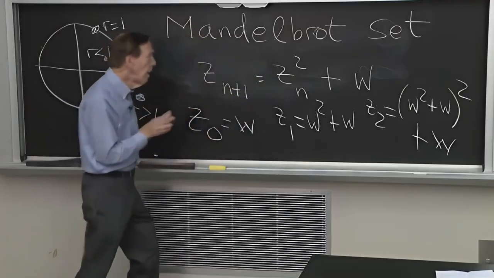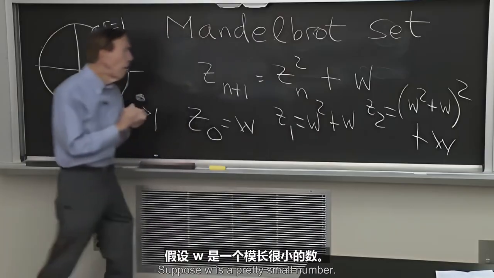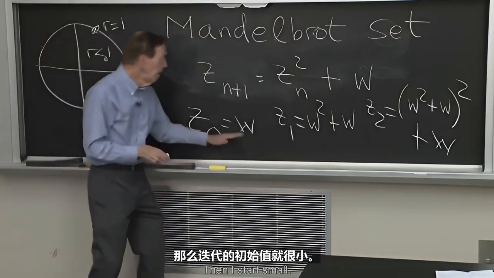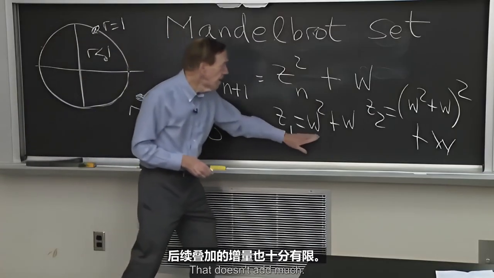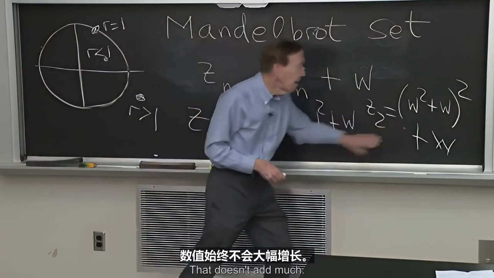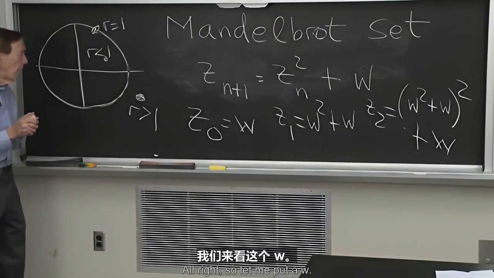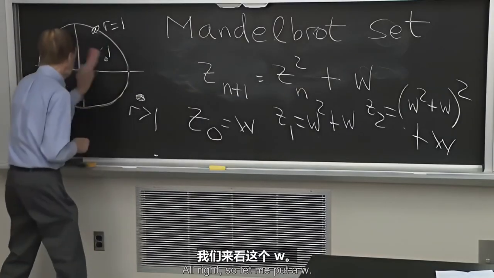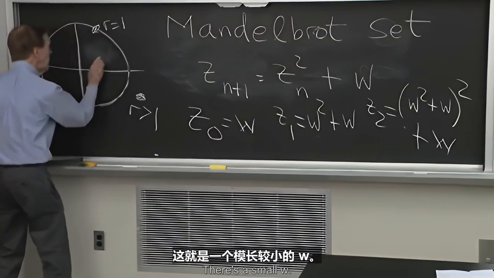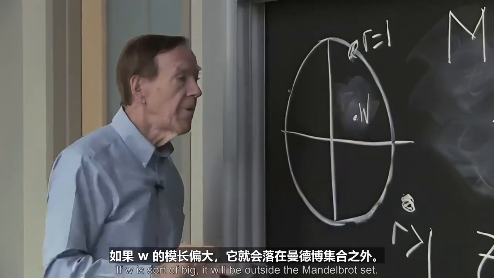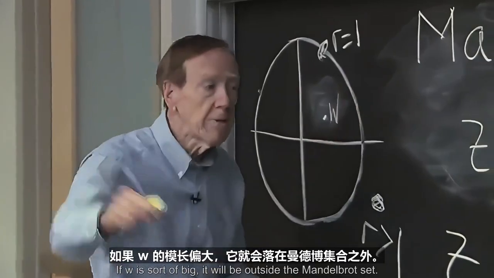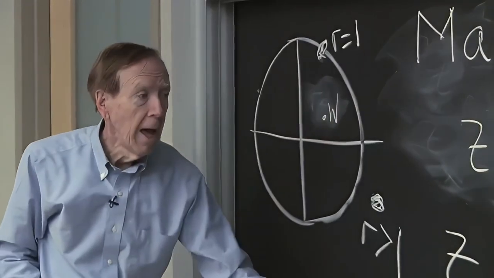So let me do an example. Suppose w is a pretty small number. Then I start small. That doesn't add much. If w is small, it's going to be in the Mandelbrot set. All right, so let me put a w. There's a small w. If w is sort of big, it will be outside the Mandelbrot set.